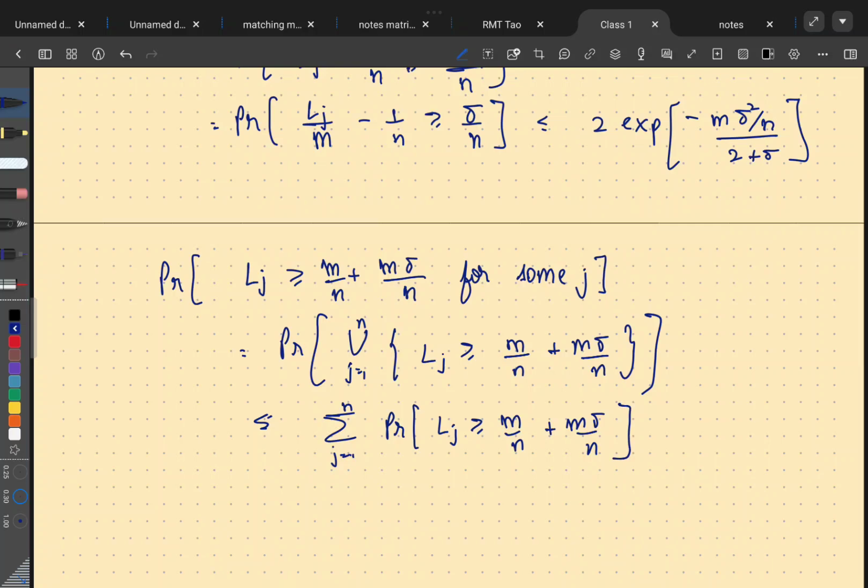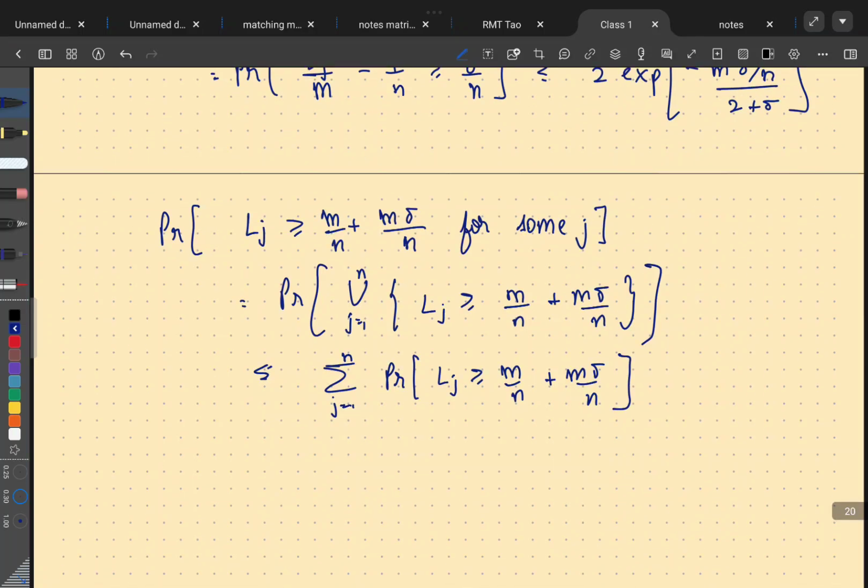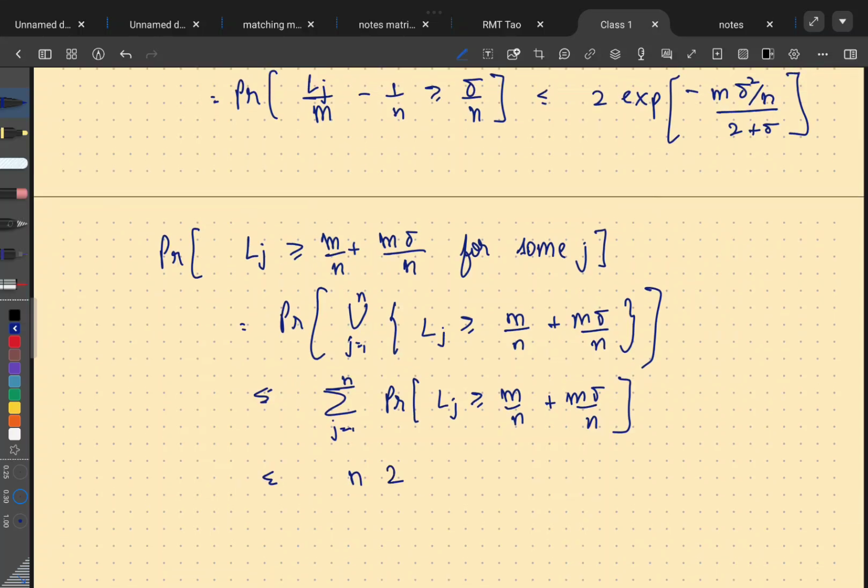Note that the Ljs are not independent of each other. That's something that you should keep at the back of your mind. But I can still use the union bound. This union bound may not be tight. And this is less than or equal to n times 2 times e to the power minus m delta square by n times 2 plus delta.